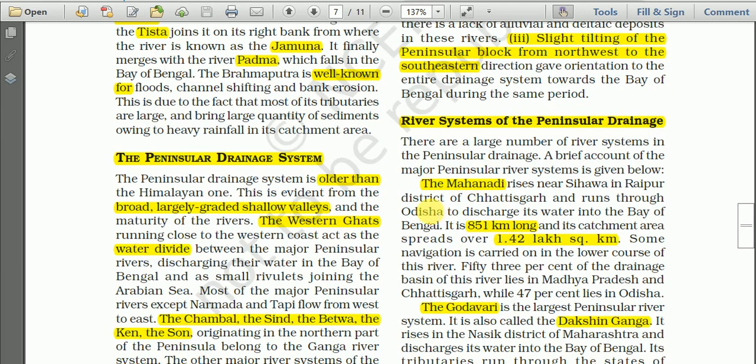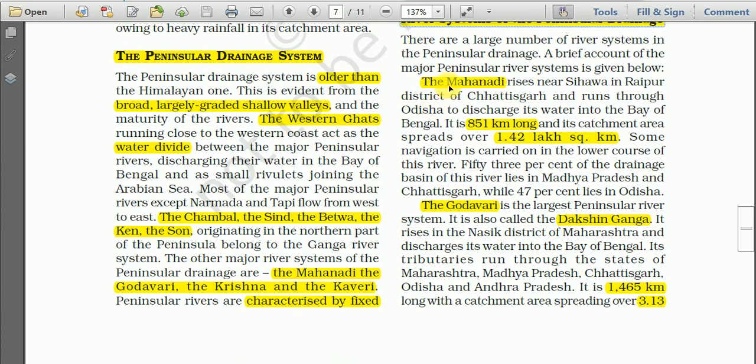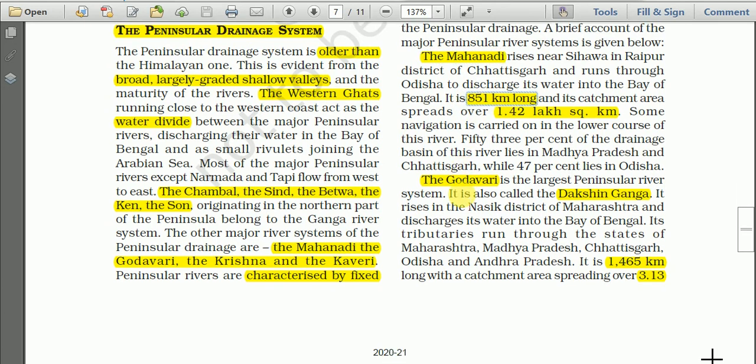And next we have the river systems of the peninsular drainage. So the first river of the peninsular rivers is the Mahanadi River. It rises near Sihawa in Raipur district of Chhattisgarh and runs through Orissa to discharge its water into the Bay of Bengal. It is 851 km long, and its catchment area spreads over 1.42 lakh square kilometer.